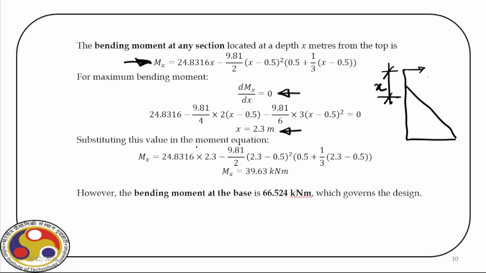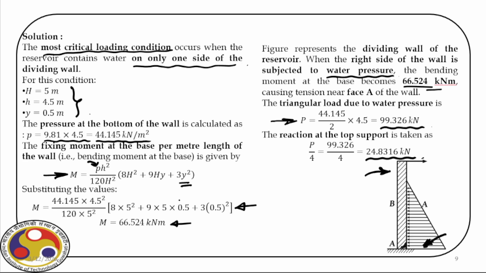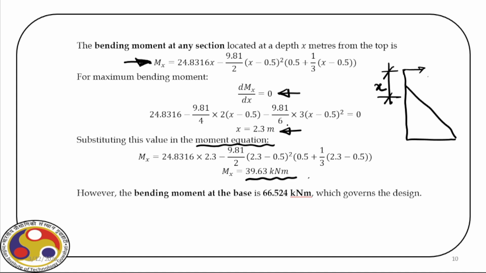The value of that maximum bending moment at x equal to 2.3 is 39.63 kilonewton meter. So at the base we have the moment 66.524 kilonewton meter, and somewhere in the middle we have Mx, which is 39.63 kilonewton meter.